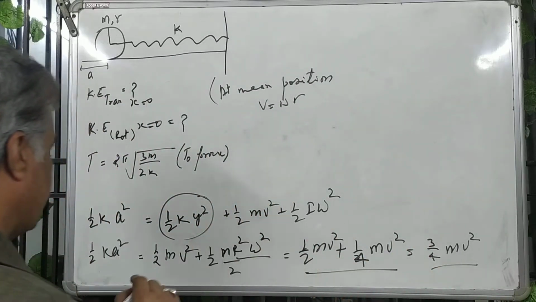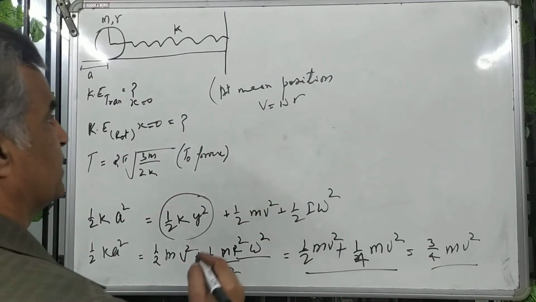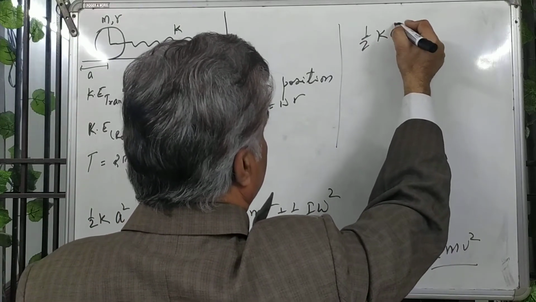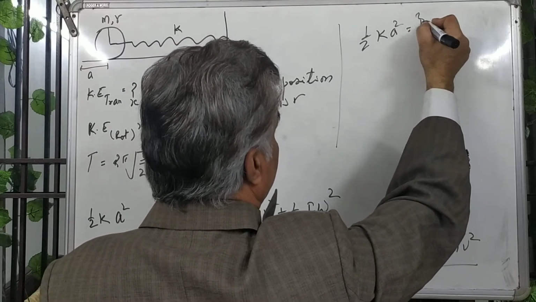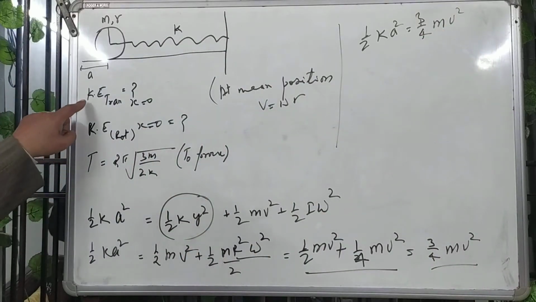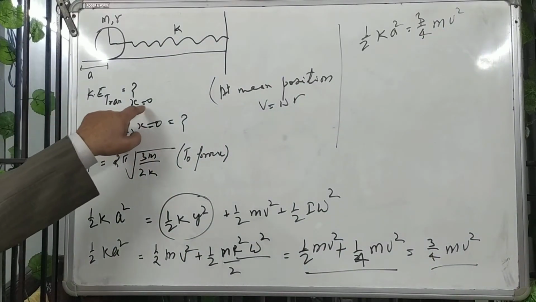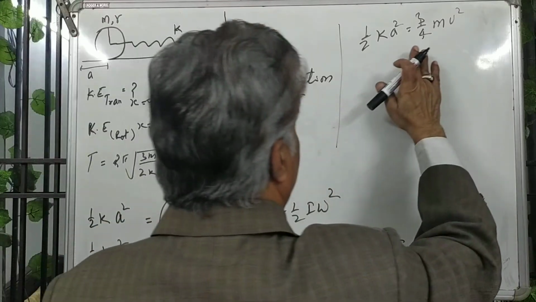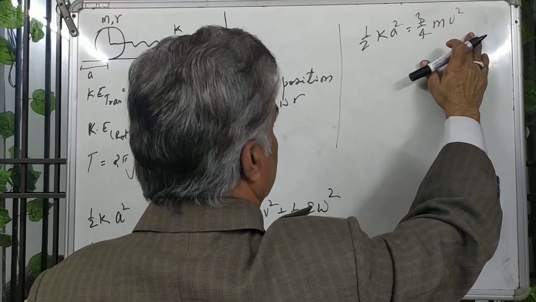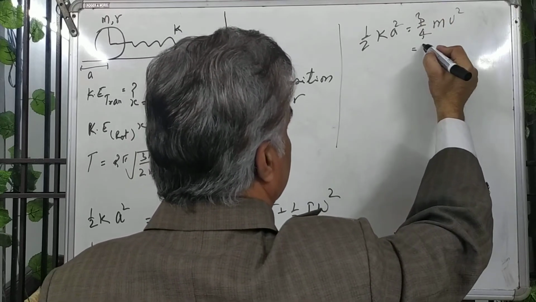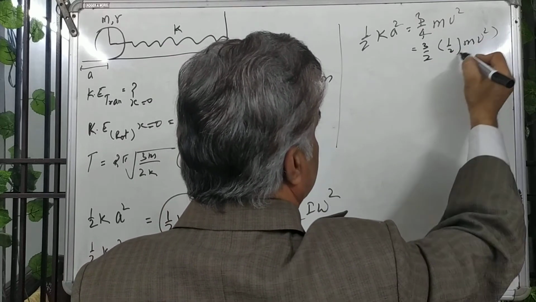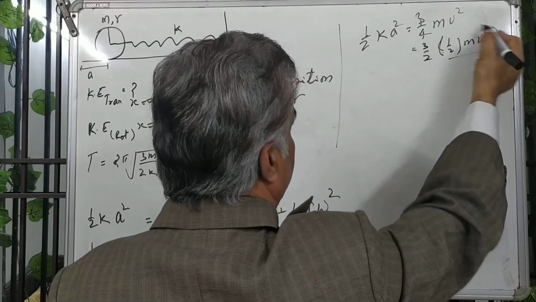So 3 by 4 m v square equals half k a square. So half k a square equals 3 by 4 m v square. You have to find the kinetic energy at x equals 0, that is 1 upon 2 m v square. So you may write this as 3 by 2 and 1 upon 2 m v square. This is the kinetic energy. This is to find.